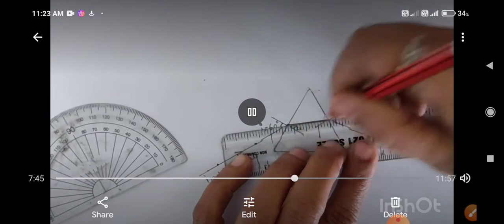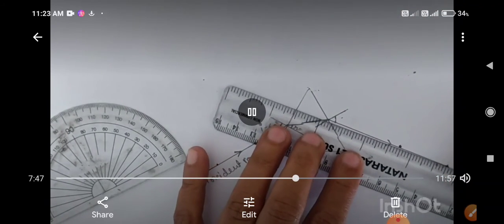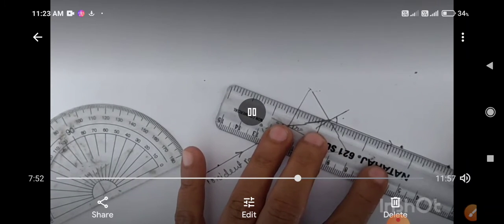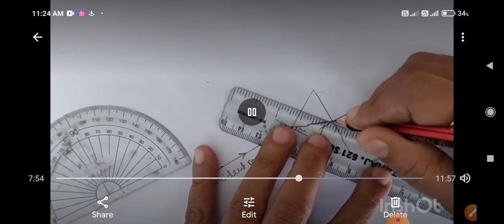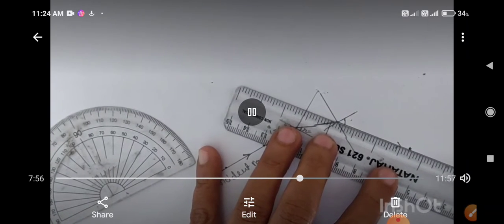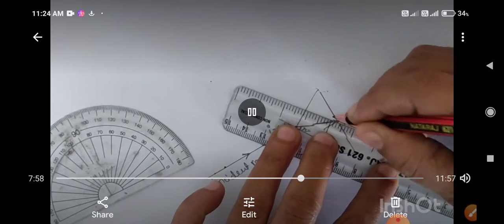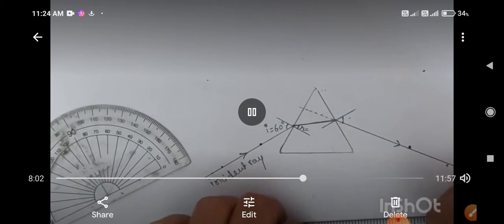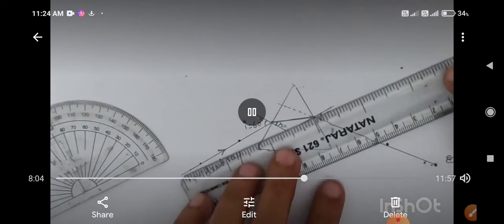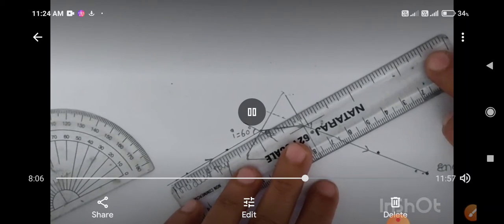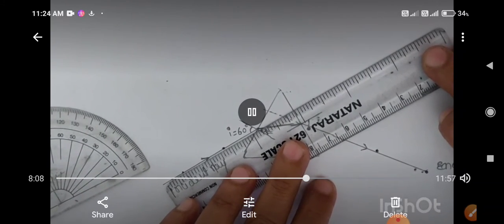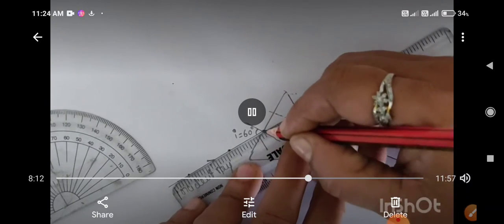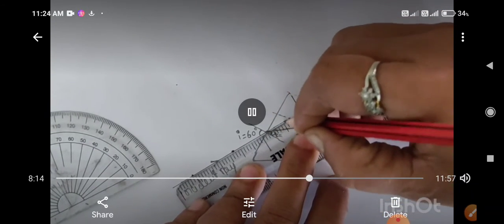To find out the angle of deviation, we'll extend this emergent ray in the backward direction. Okay, this is our emergent ray. So we'll extend it in the backward direction in this way, and we'll extend the incident ray in the forward direction, because we know whenever we extend the incident ray in the forward direction, it will meet at a certain point with the emergent ray.